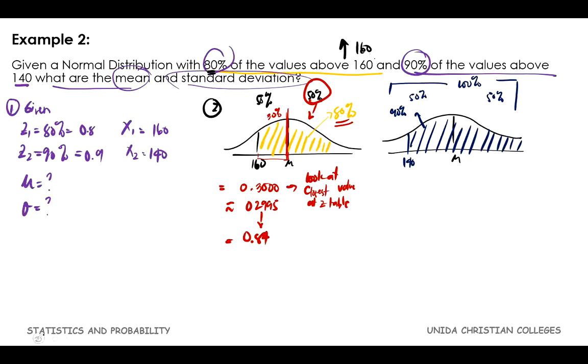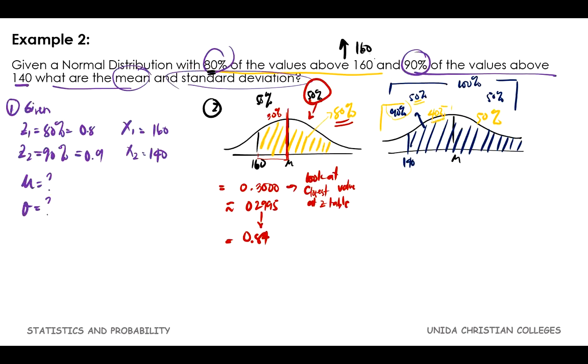Okay, so dahil alam mo na from here is 50%. So meaning, kung itong shaded part na to is 40%, kasi 50 yung sa kabila, pag pinag-add natin yan, 90%. Nakukuha po?